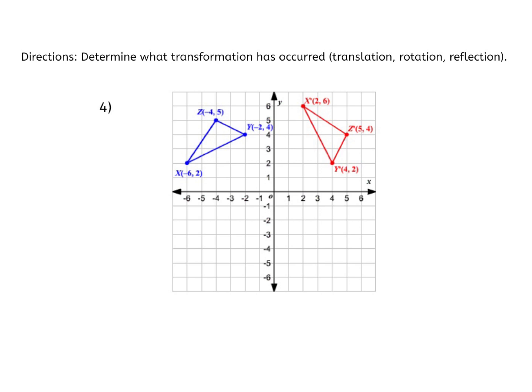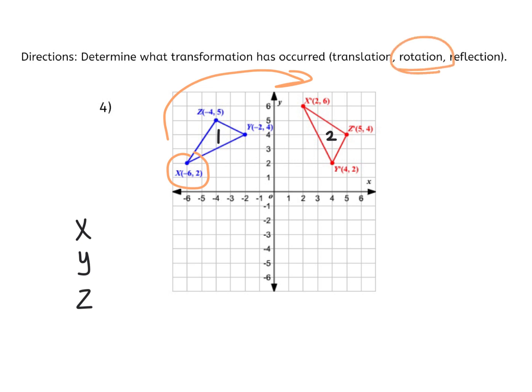Number 4, I can see that the blue figure is the pre-image and the red figure is the transformation. The blue one's the pre-image because those letters, again, are just plain old X, Y, and Z. So I can see if I focus in on just one point like this X, and then the new X is here, it looks like the figure has turned. And a turn, remember, is a rotation.